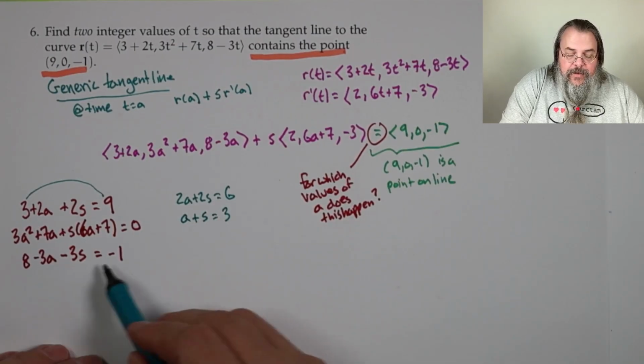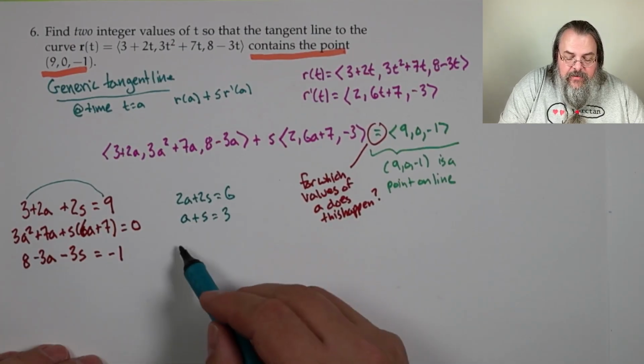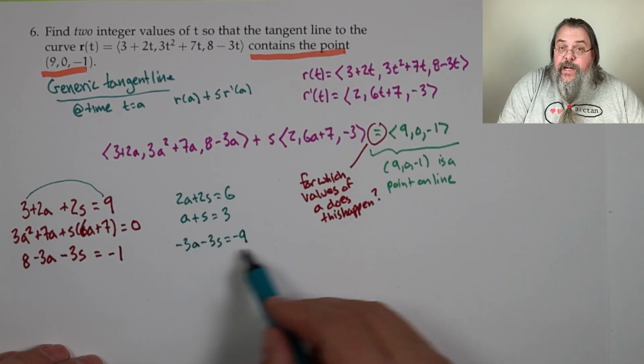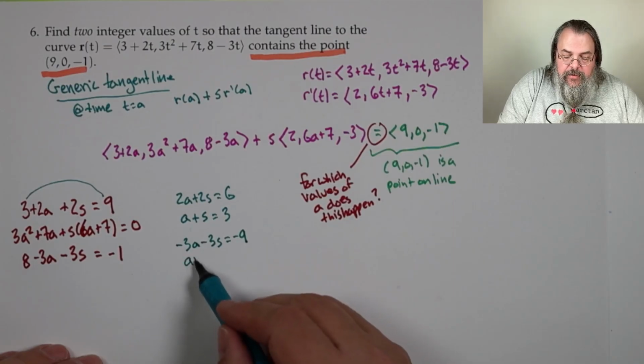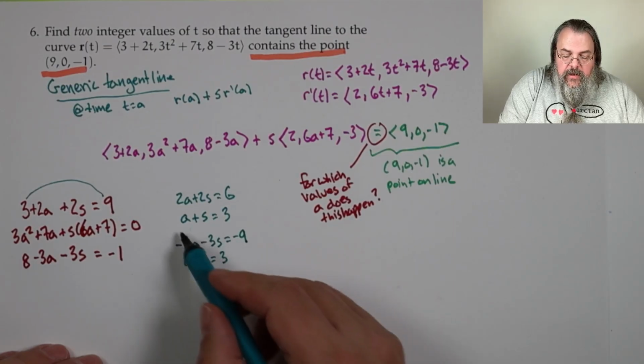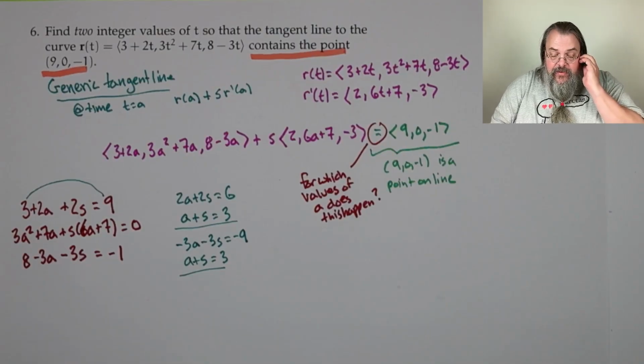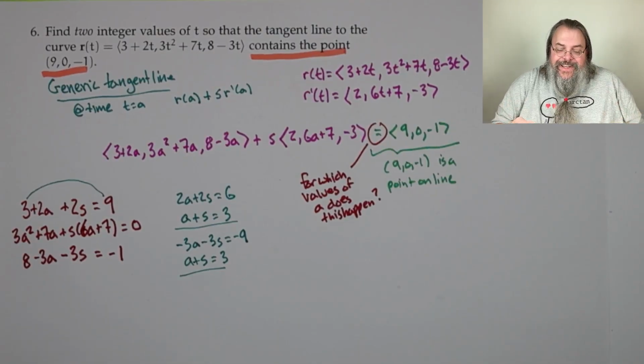Now, come to this one. Move the 8 across, minus 3a minus 3s would equal negative 9. Divide by negative 3, we get a plus s equals 3. So we're like, cool. That tells us that a plus s has to equal 3.